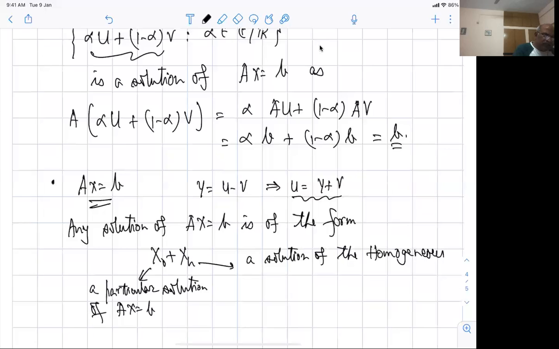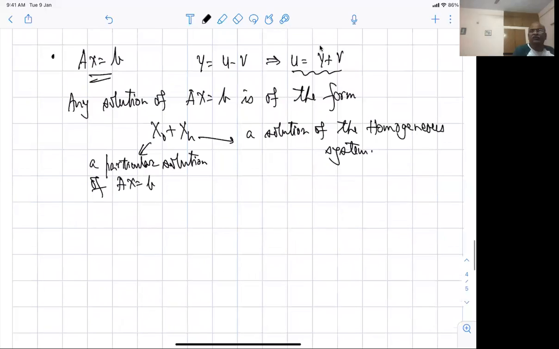So whenever we have a system, you can always break it into two parts: a particular solution and a homogeneous solution. All right. So this is very, very important that I want you to understand. We have already looked at Ax equal to 0 and things like that. I will end this lecture with the following idea: understanding these two sets. All x belonging to Rn or say Cn such that Ax is equal to 0.